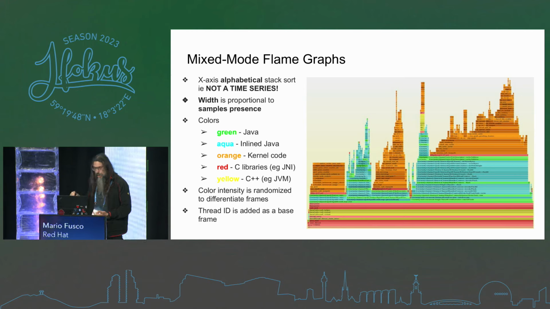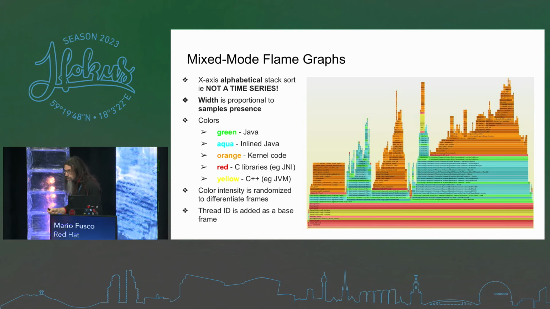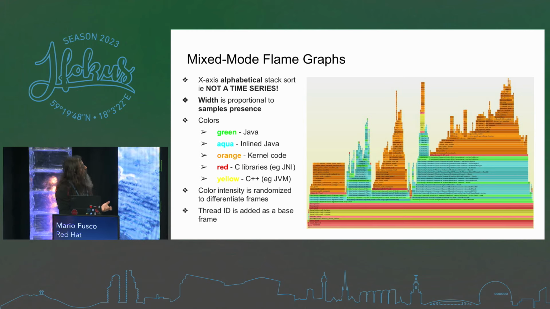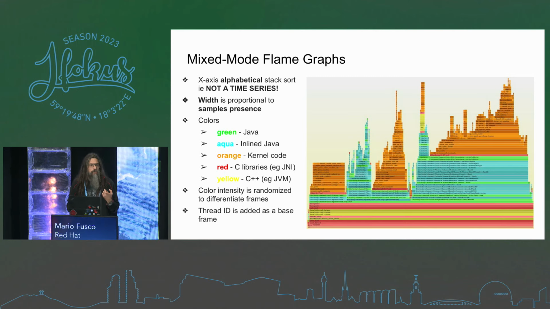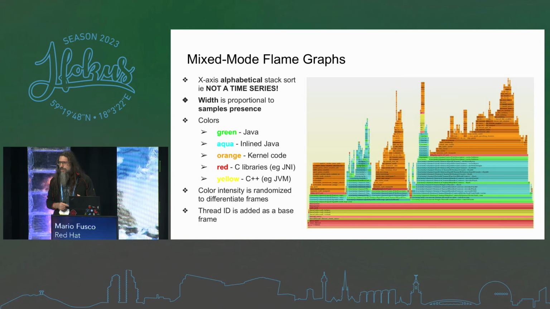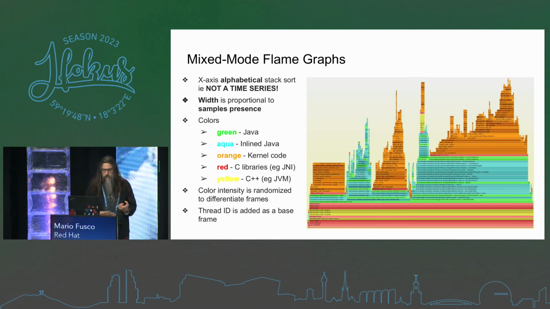With green, you see plain Java methods. With this light blue aqua color, you see inlined Java invocations. In orange, you see invocations performed in the kernel space. So typically, you see native thread context switches because, as I said, they happen in the kernel space.